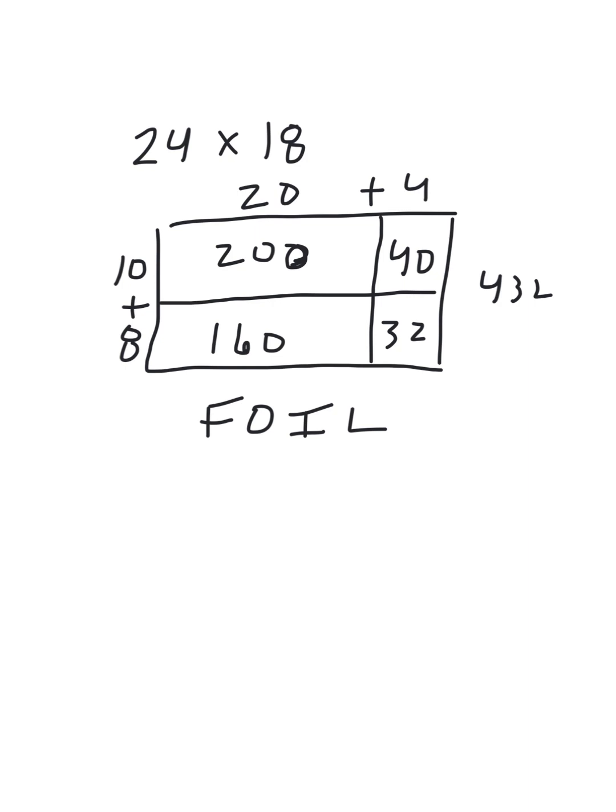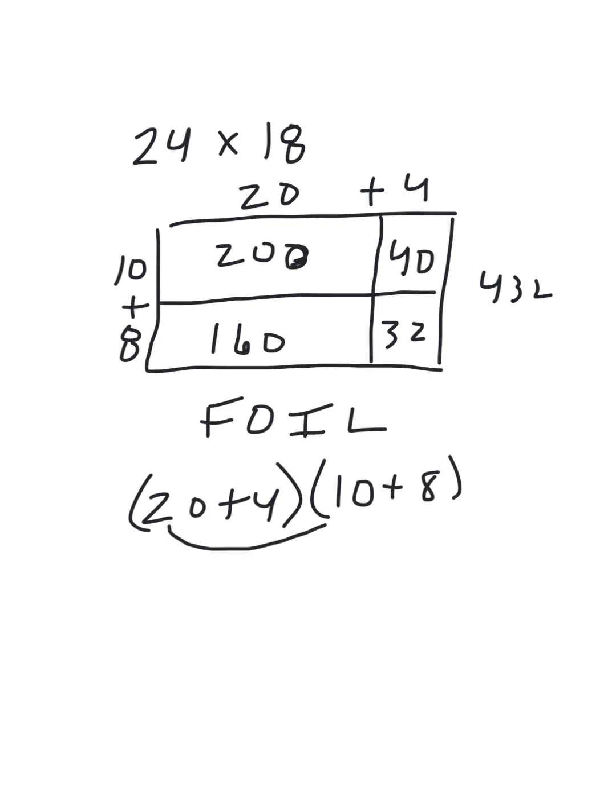Now if we think about FOIL, first, outer, inner, last. So again, we're still going to use place value to break it up. 20 plus 4. Now we have 10 plus 8. So first, 20 times 10 is 200. Outer, so your outer numbers.